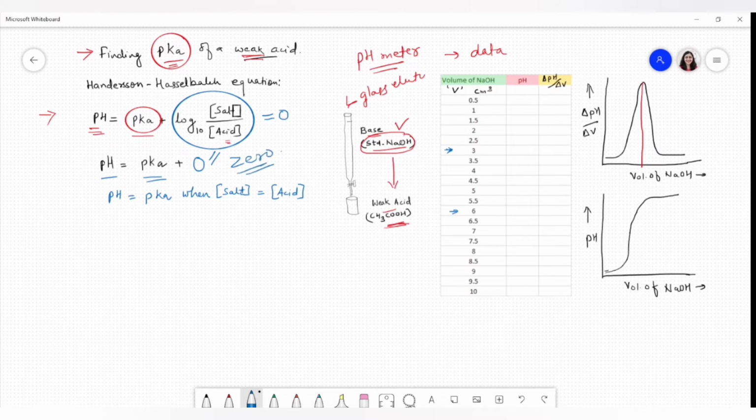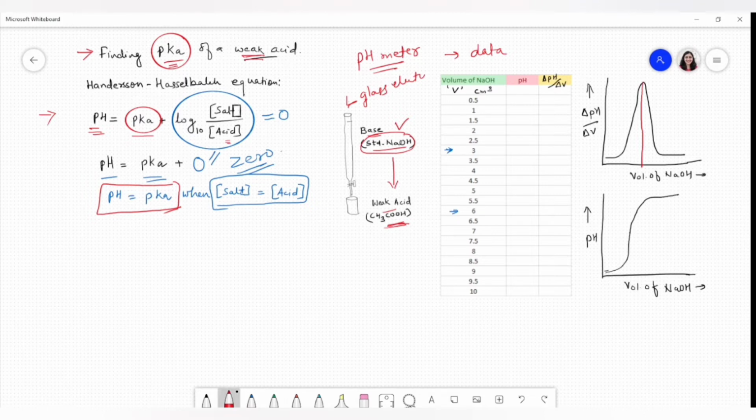When will it occur? It will occur when the concentration of salt and the concentration of acid are equal to each other. So when the concentration of salt and concentration of acid are equal, we can write very confidently that pH is equal to pKa.